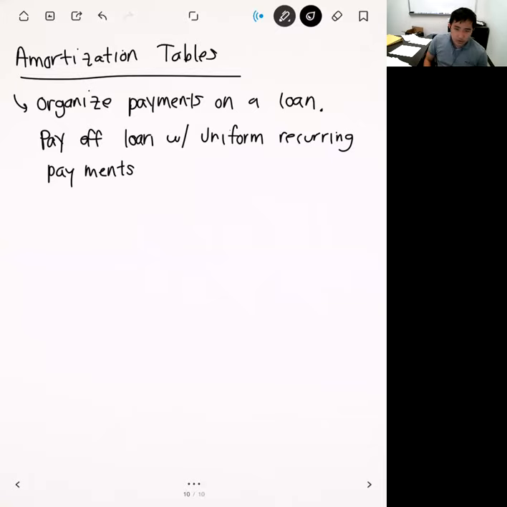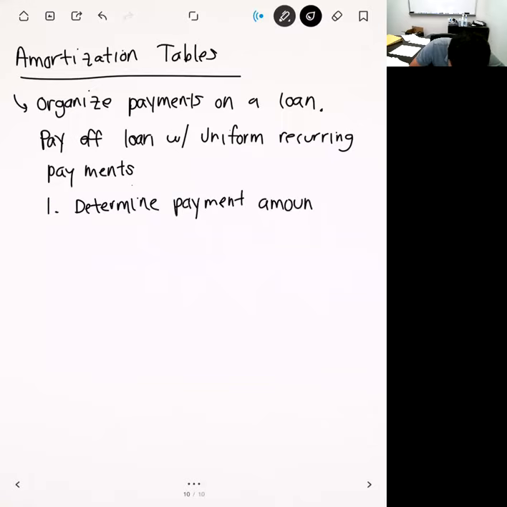And so, there's two main things that you need to do in these amortization tables, right? And so first thing you have to do is determine your payment amount. And the payment amount, the way that you do that is you do an A over P conversion.